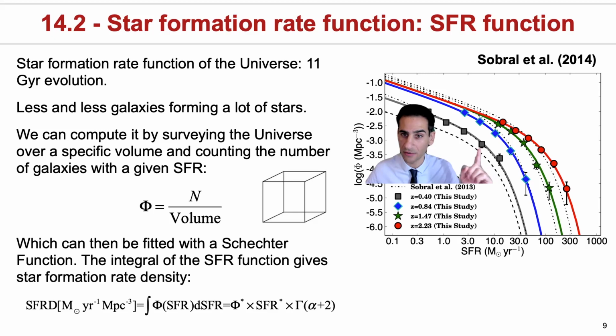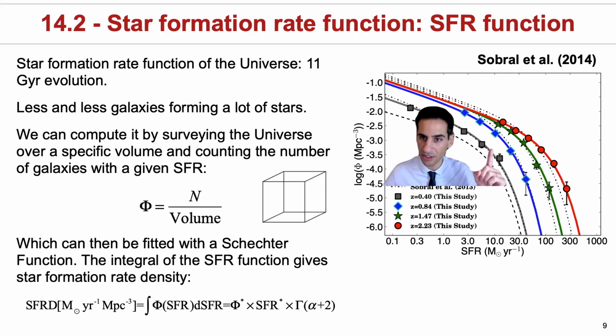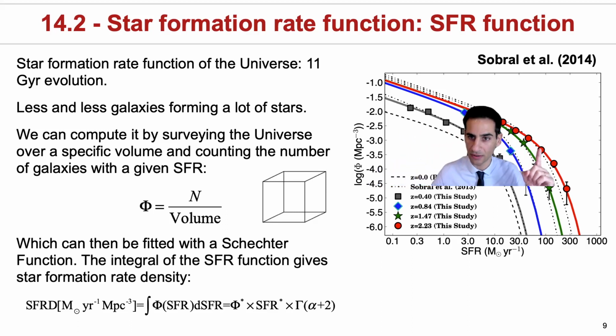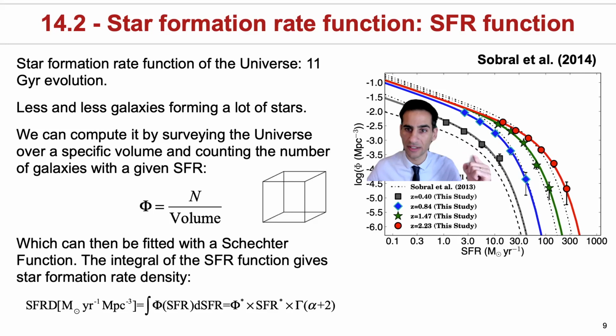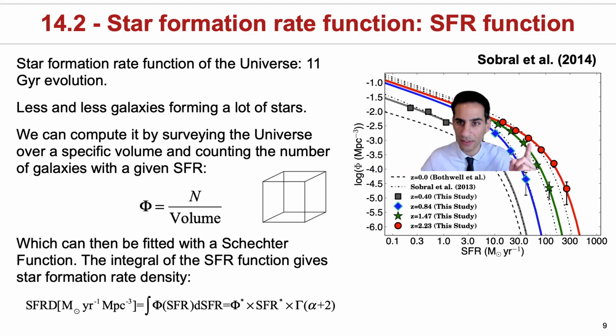What we find is that if we go back in time, the star formation rate function looks very similar in terms of shape, but it shifts towards the right. Therefore, the typical number density of star-forming galaxies is not evolving that much, it actually goes up a little bit, but the strongest evolution that we see is that the typical star formation rate of galaxies goes up over the last 11 billion years if we move to the past.